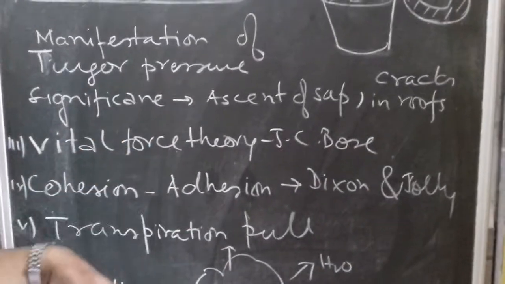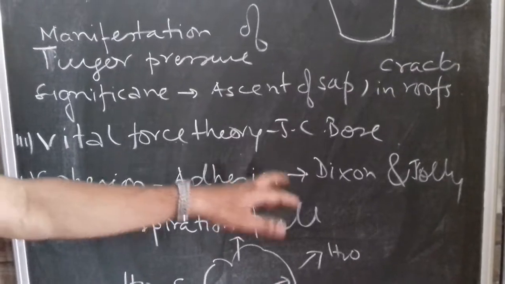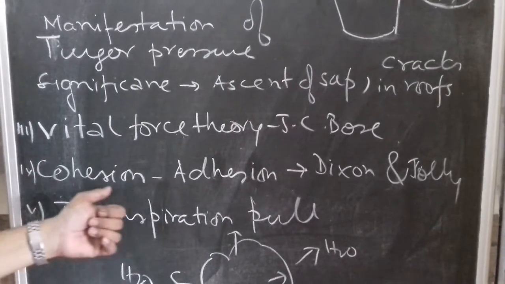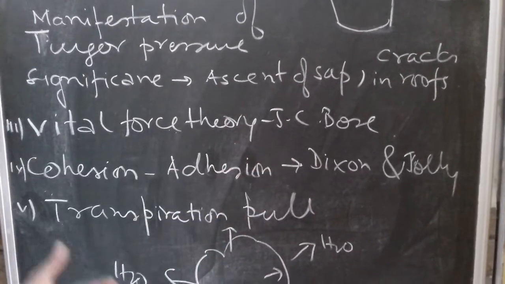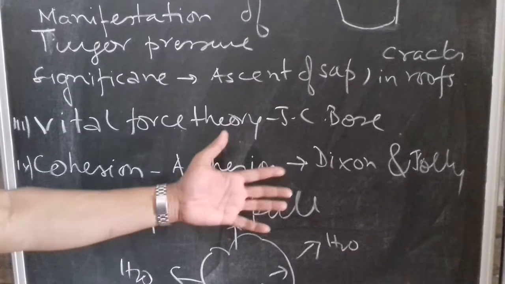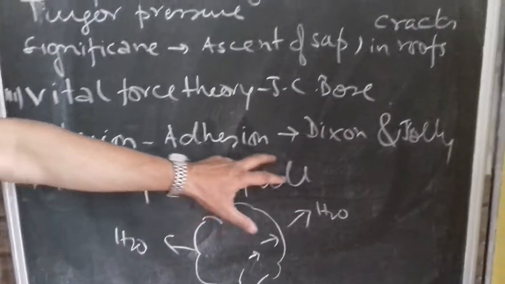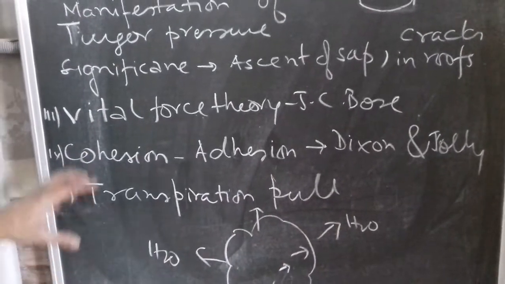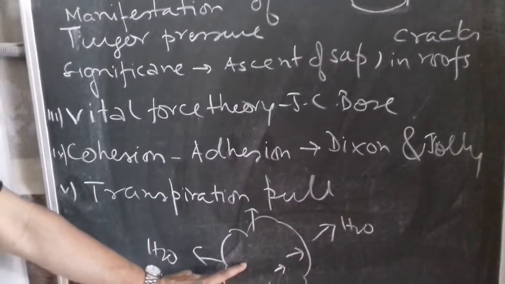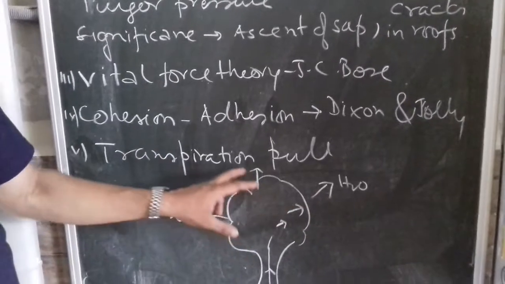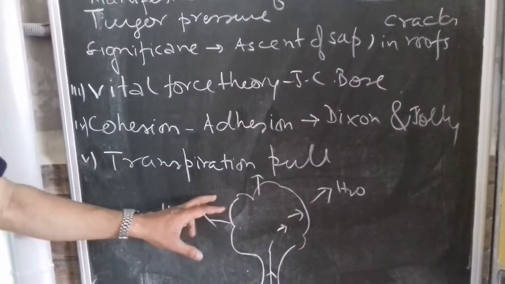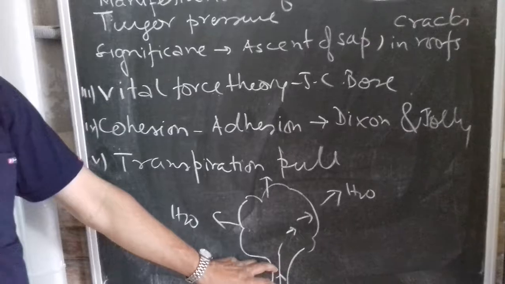There are certain other theories like the vital force theory by Jagadish Chandra Bose, the cohesion adhesion theory of Dixon and Joly, or the transpiration pull. Now the first two are not that much at the 10th standard level. We are going to know about transpiration pull. In transpiration pull, the continuous movement of water through the leaves of the aerial part of the plant creates a suction force in the xylem.